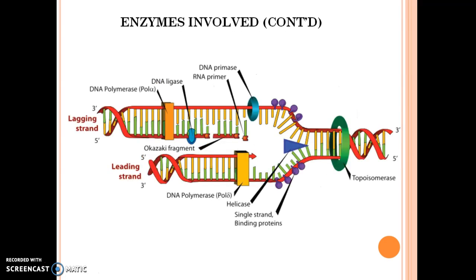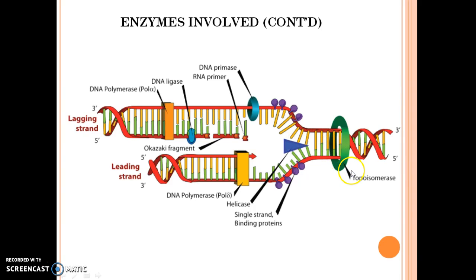Now let's look at all the enzymes in general. This is the overview of DNA replication. First of all, we talked about our helicase enzyme. You can see it cuts and separates the DNA strands by melting the hydrogen bonds between the nitrogenous bases.